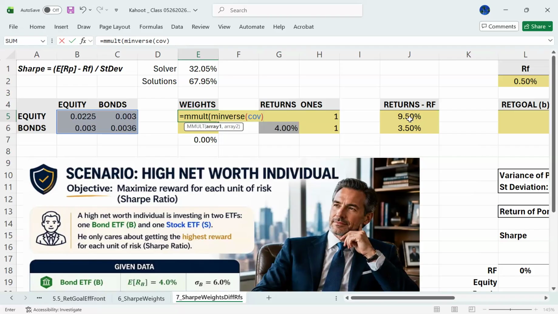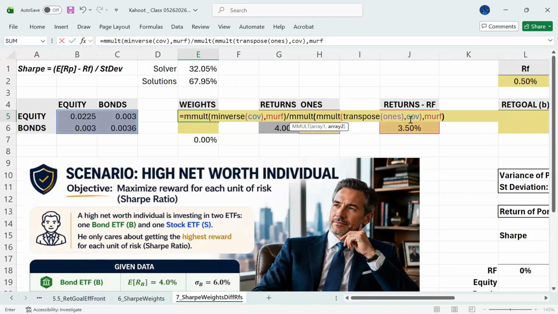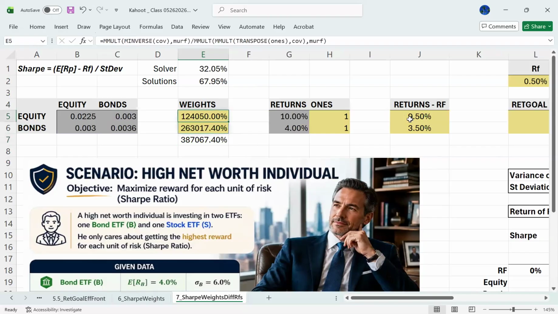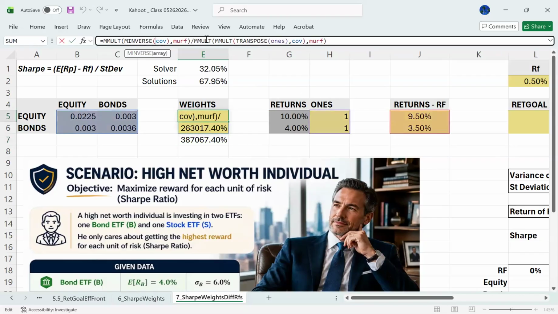So you have MINVERSE of the covariance, mu RF, divided by, and then you have an MMULT with the transpose of ones, the covariance, and mu RF. And then there we go. Okay, transpose of ones times, and of course here, let's keep in mind that this is not just simply the covariance, but it should be MINVERSE, the inverse of the covariance.